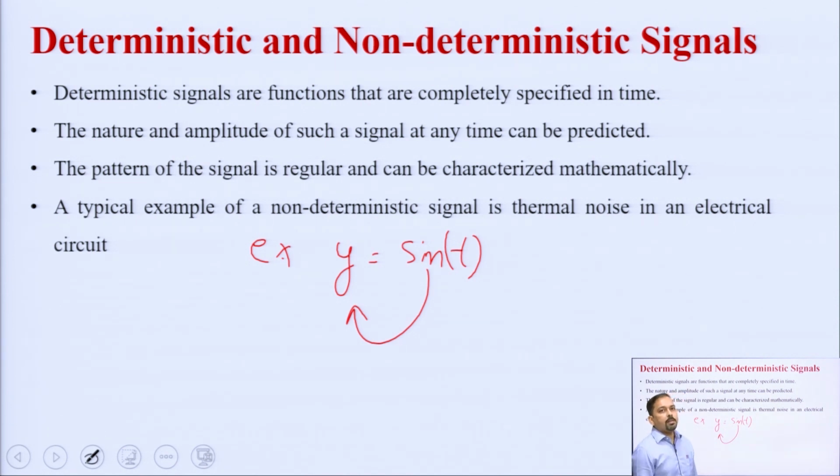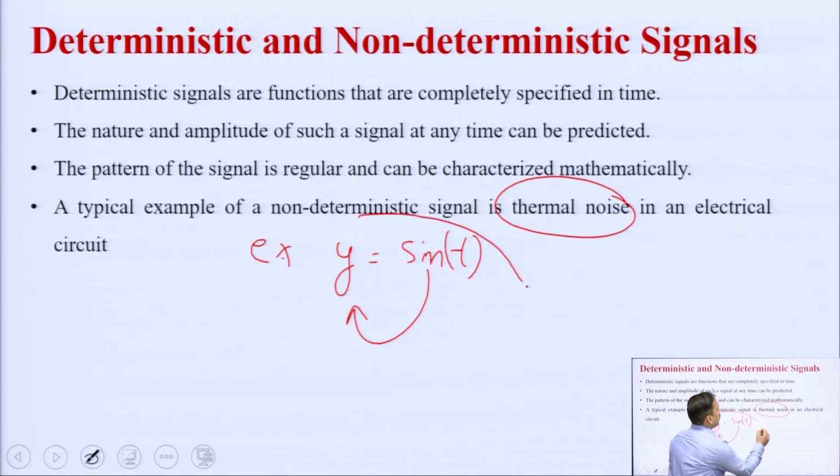This type of signal which is mathematically represented is called deterministic. Whereas if we consider the example of thermal noise generated in an electrical circuit, the amplitude of the thermal noise cannot be predicted or determined. So thermal noise is a non-deterministic signal, also known as a random signal.